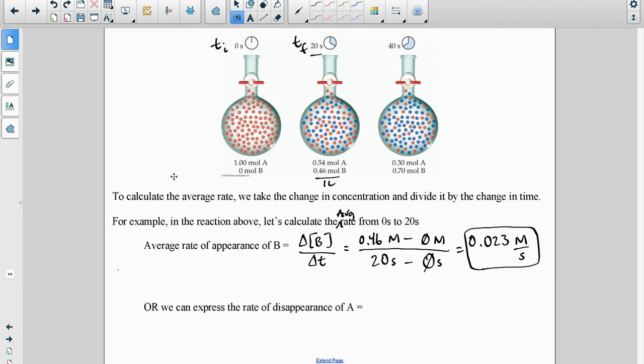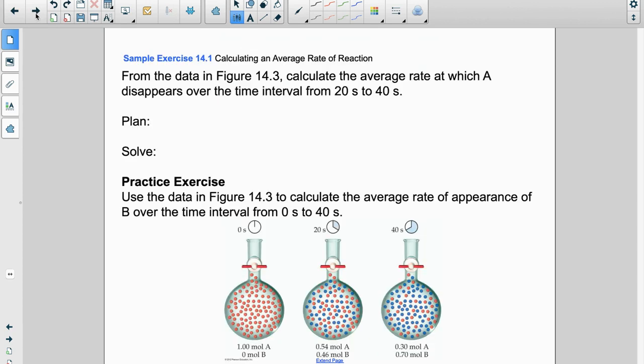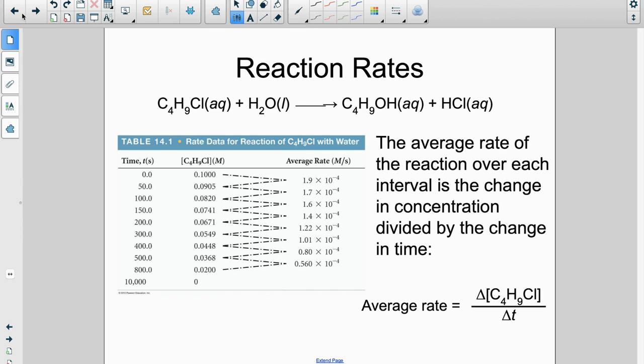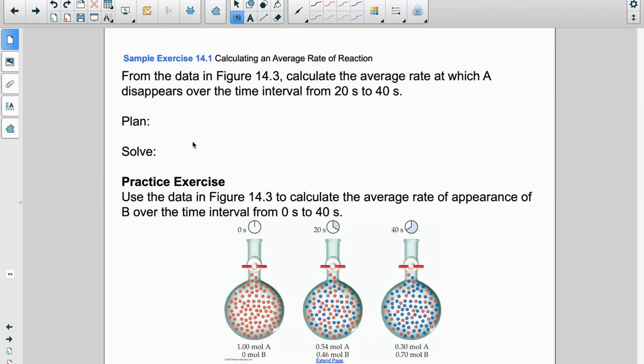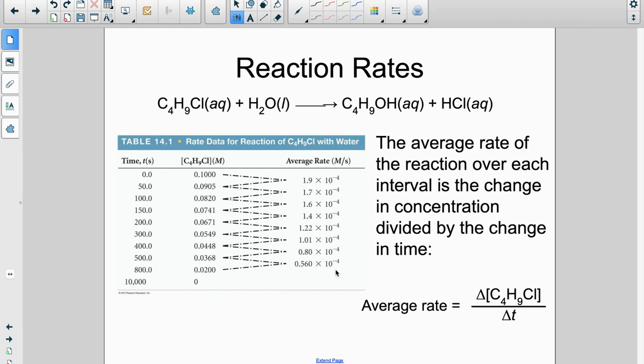However, that is not as useful, and we're going to skip these because we're not going to use the average rate very often at all, because it's not as useful as actually plotting this and finding an instantaneous rate. So again, the average rate is the change over 2 points in time.